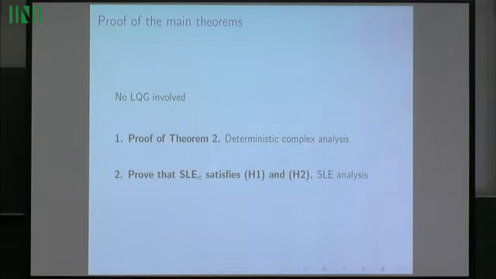And the second part is just to check that SLE kappa satisfies H1 and H2, which is just an analysis of SLE. And maybe due to the time, I'll focus on the first part of the proof.